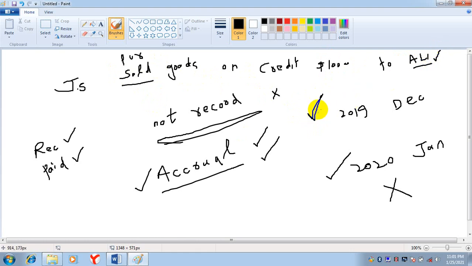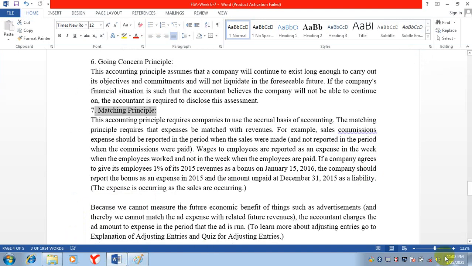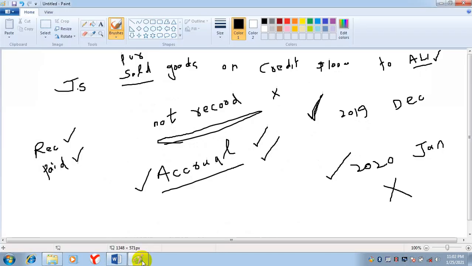So you will record this transaction in 2019, not in 2020. Wages to employees are reported as an expense in the week when employees worked and not in the week when employees are paid, just like the previous example.